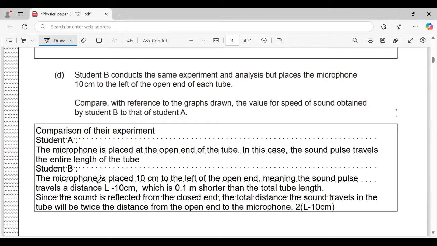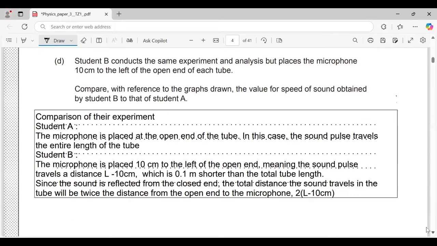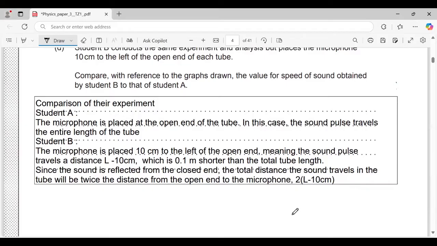While for student B, the microphone is placed 10 centimeters to the left of the open end, meaning the sound pulse travels a distance L minus 10 centimeters, which is 0.1 meters shorter than the total tube length. Since the sound is reflected from the closed end, the total distance the sound travels in the tube will be twice the distance from the open end to the microphone. So it becomes 2 times L minus 10 centimeters. So how about their gradient?